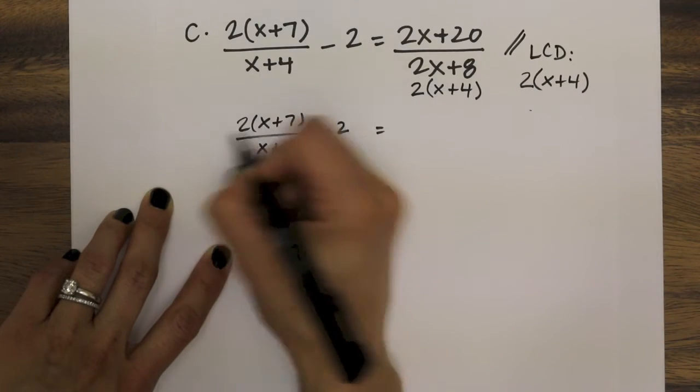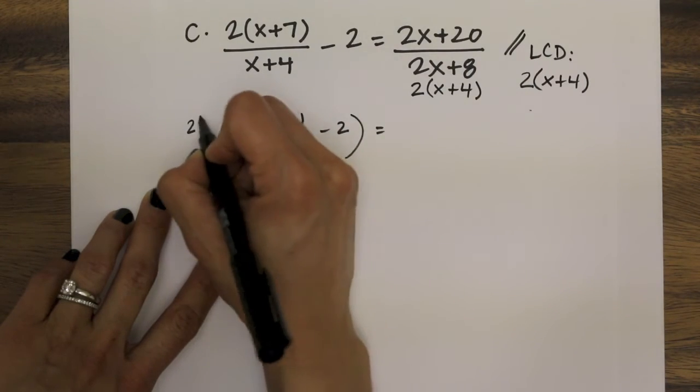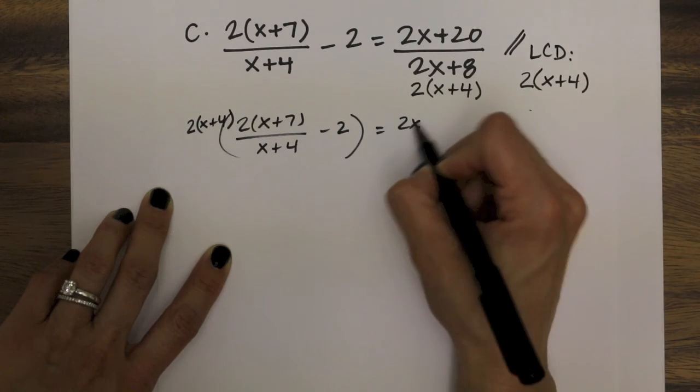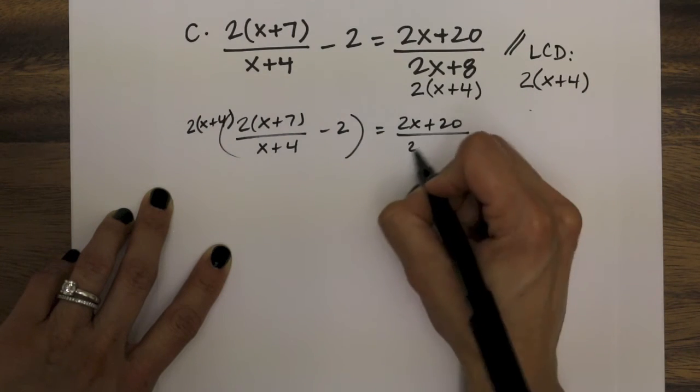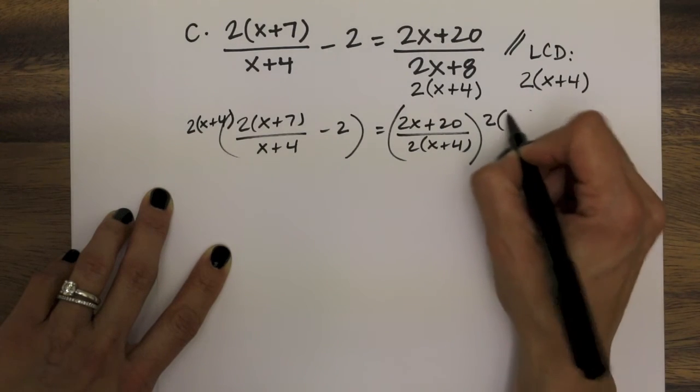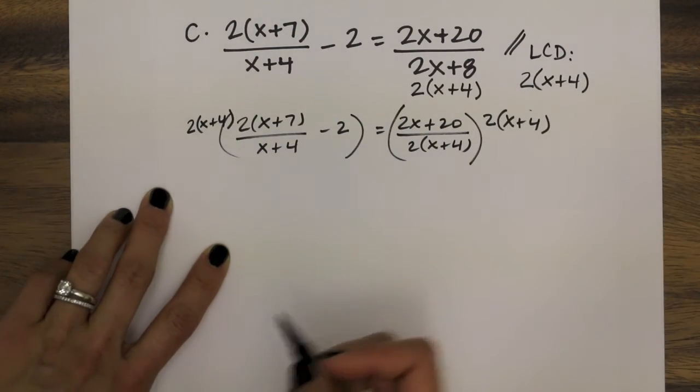So on one side, we're going to times this by 2 times the quantity x plus 4. And on the other side, again, we're going to times it by 2 times the quantity x plus 4.